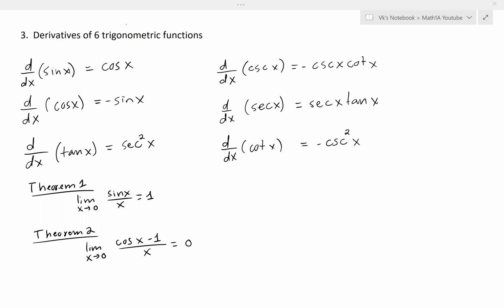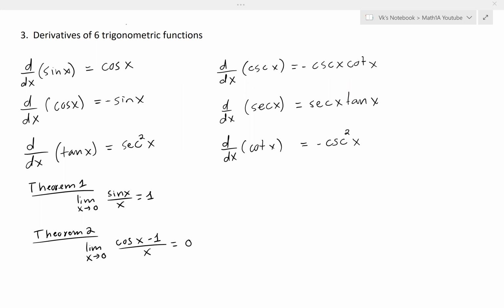Theorem number 2: limit as x goes to 0 of cosine x minus 1 over x is equal to 0. These two theorems, we can quickly prove using a table. Do the right and the left limit and show that they approach the same number as x approaches 0.